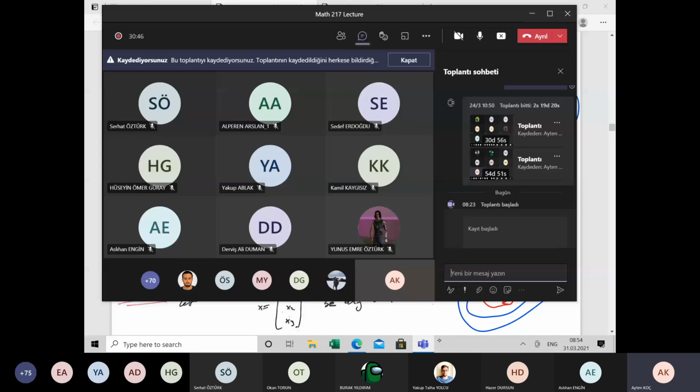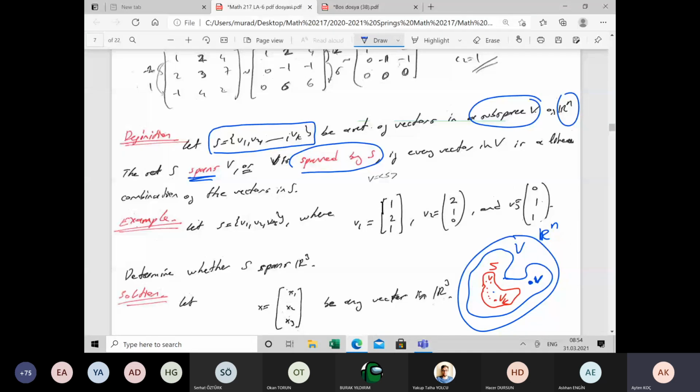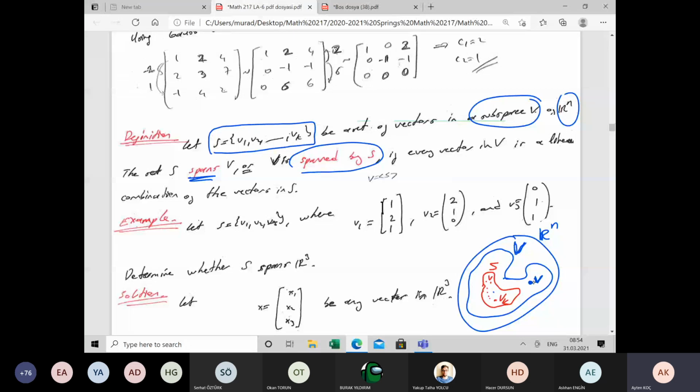V is a vector in V. But let's not use this notation, because the space is V. Take U, for example, a vector U here. If every vector in V, so you have to check that U is a linear combination of v1, v2, vk.